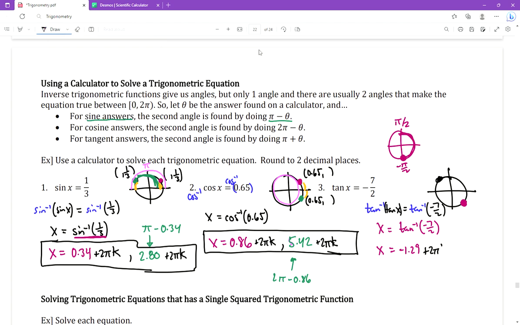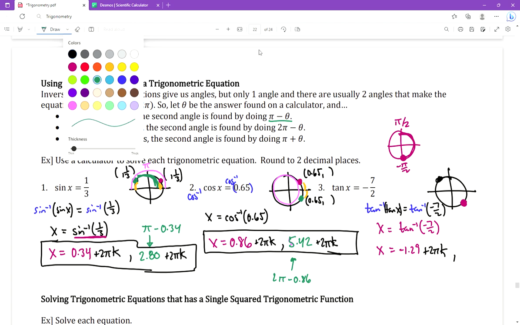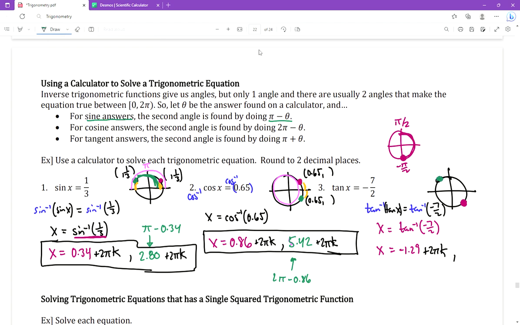Tangent, you could actually just add pi k, and we would be done with this problem. But for the habit of sine and cosine and other scenarios, it might be nice to get that other one. Okay, so in the green, tangent has the property of having one period being pi. That means these are pi apart. So whatever this answer was in the maroon, I can just add pi to it to get the second answer.